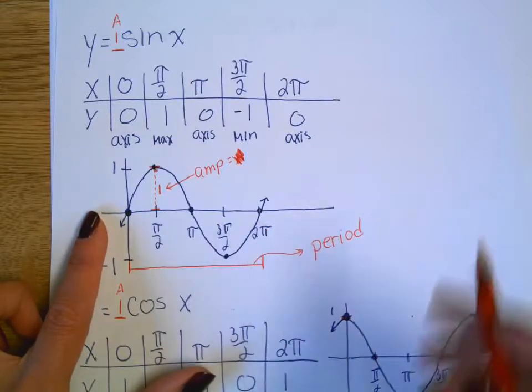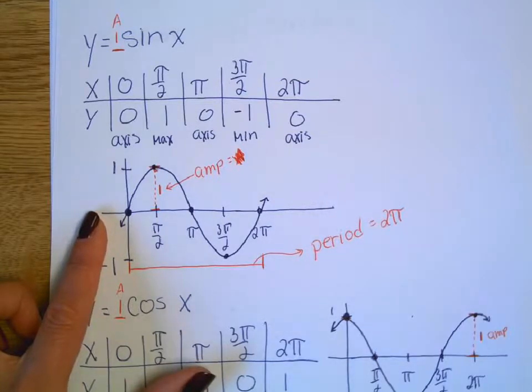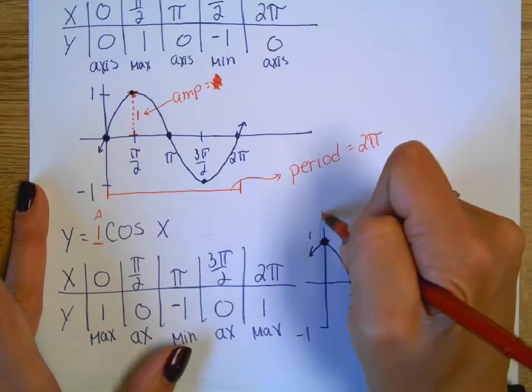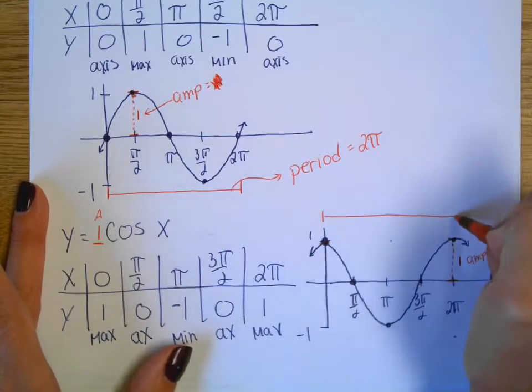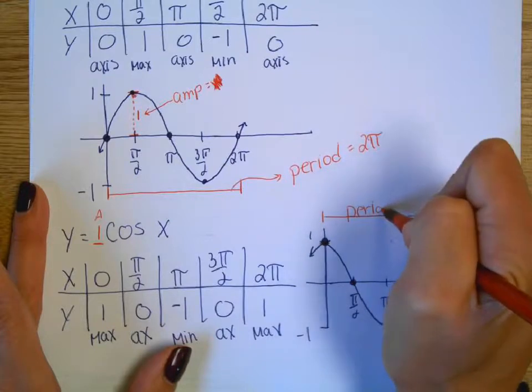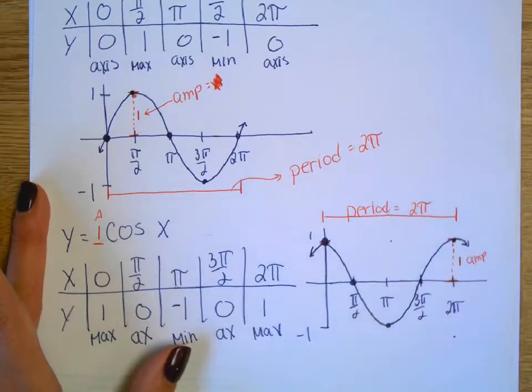And the normal period length is 2 pi, unless we change it like we just did. And same thing for cosine. The period goes from 0 to 2 pi. That's our very first one.